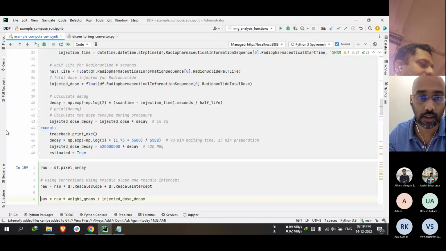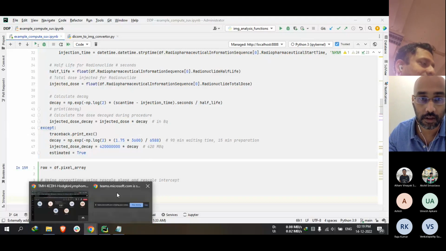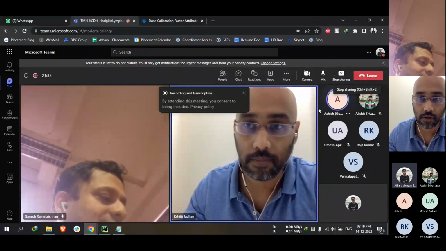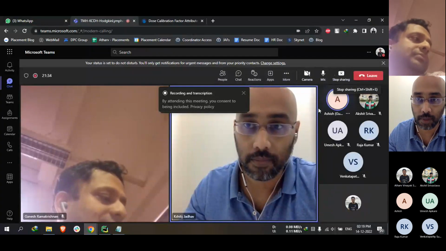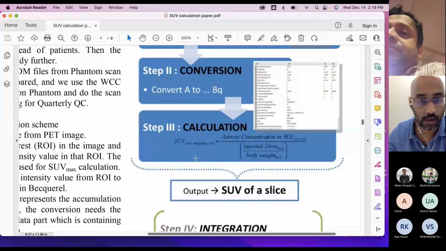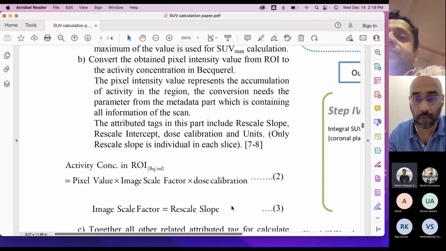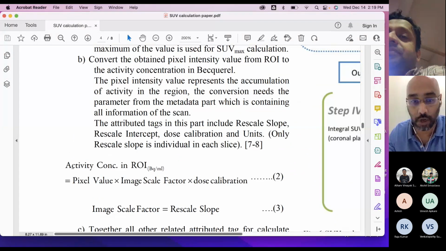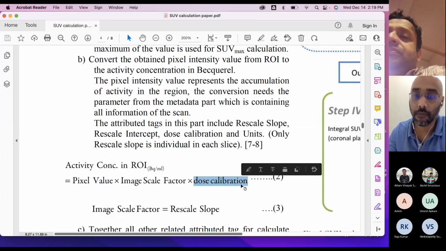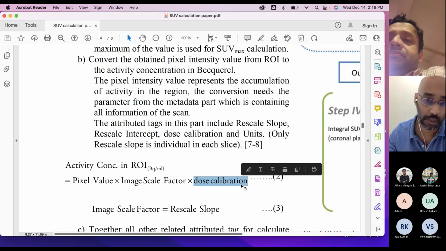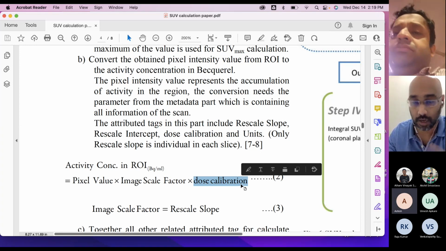Quick question, Atharva, if you could just stop sharing your screen so that I could share. Yeah. So again, I go back to the paper that I was showing, and Dr. Ashish, for this equation number 2, the dose calibration, on which line of the code that Atharva was just showing does it come from?